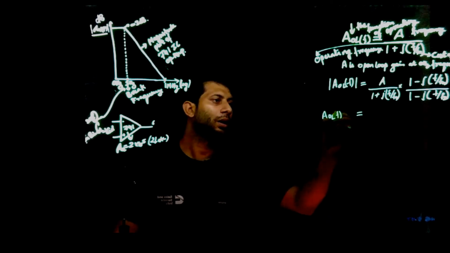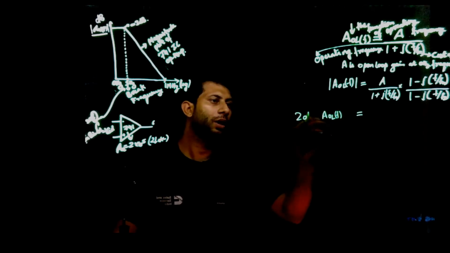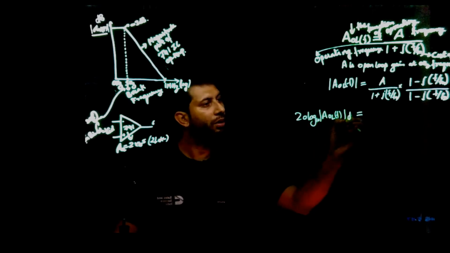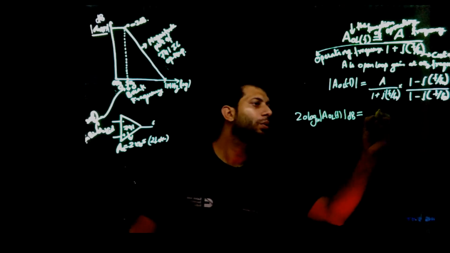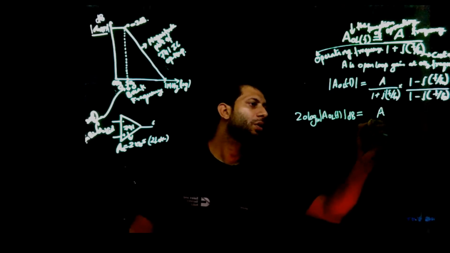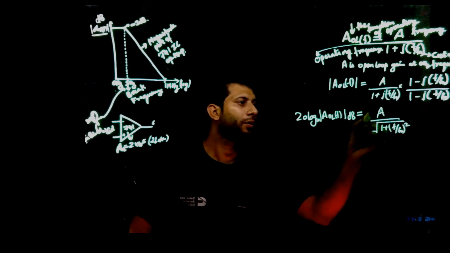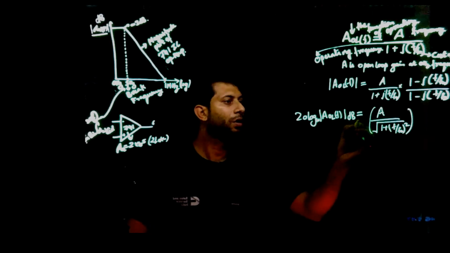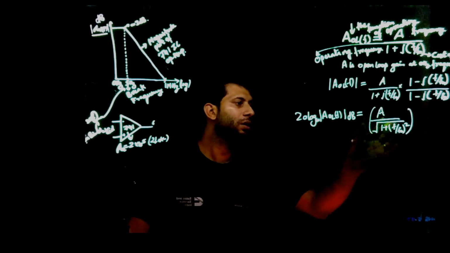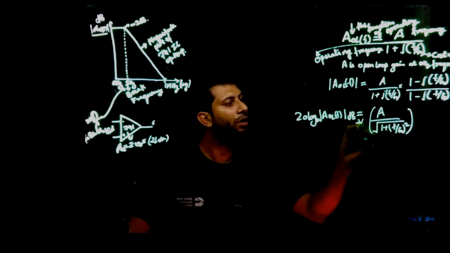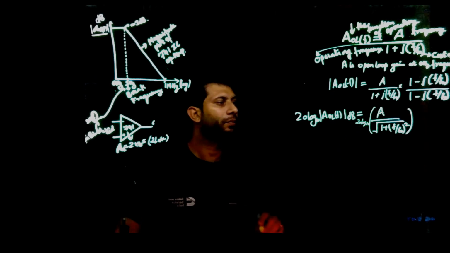A_OL(f) by taking logarithm on both sides. Now it becomes, in dB, equal to A times 1 over under root of 1 plus (f upon f naught) whole square, and taking log on both sides, this term is also multiplied by 20 log base 10.